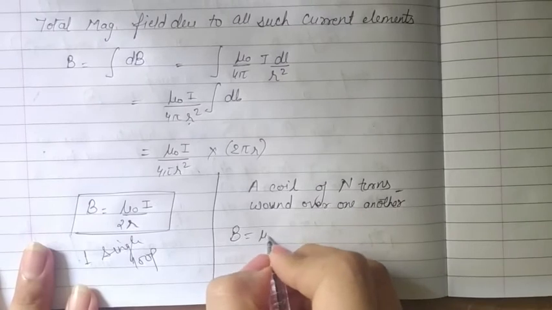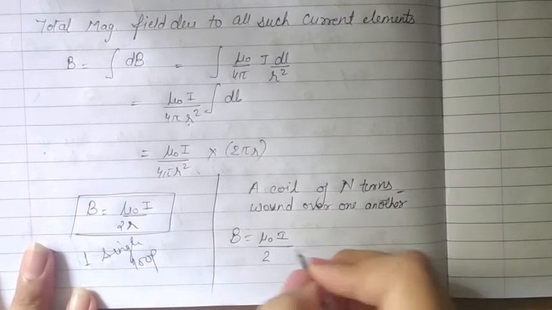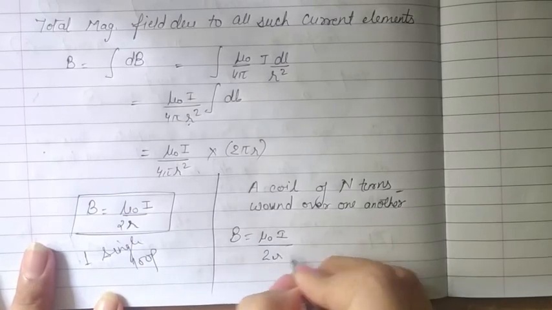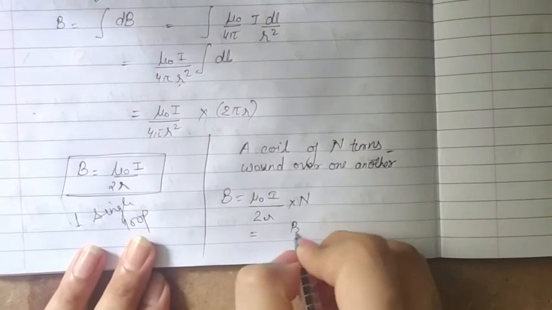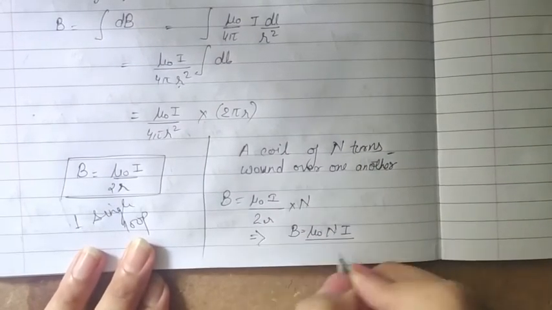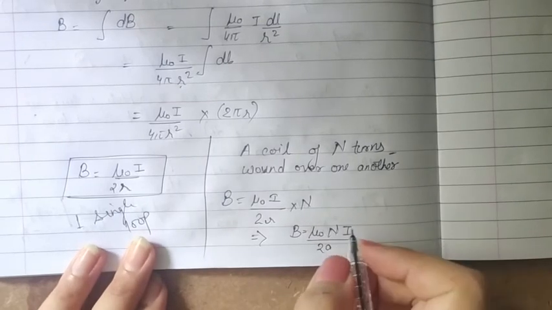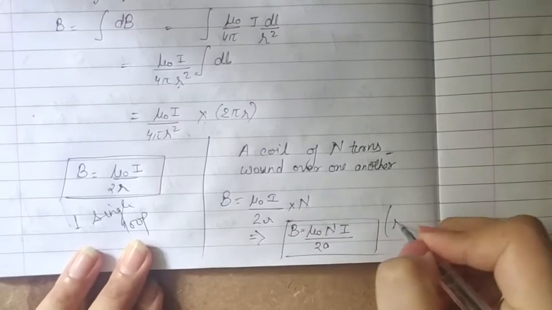All right, mu naught I upon 2 r into n, or we can write it as B is equal to mu naught nI upon 2a, where a is the radius of those loops, means if r is equal to a.